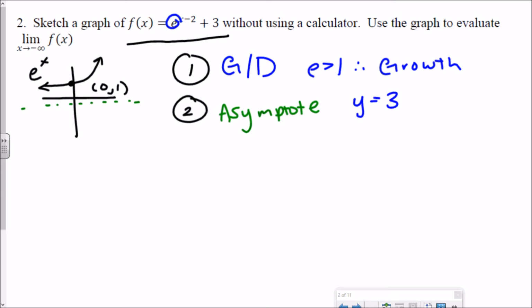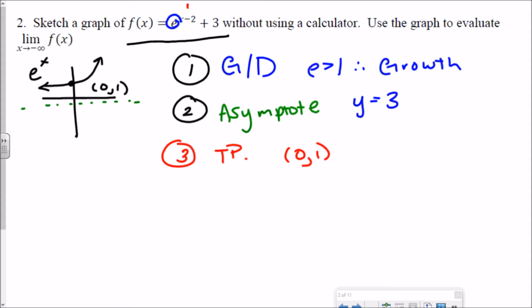All right, and then finally, I need to do the turning point. For the turning point, you just take your parent function turning point, which is 0, 1, and then you transform it with whatever transformations are up here. You would do any vertical stretches or flips first, or any horizontal flips as well, but because we don't have anything to multiply by, I'm just going to move it.